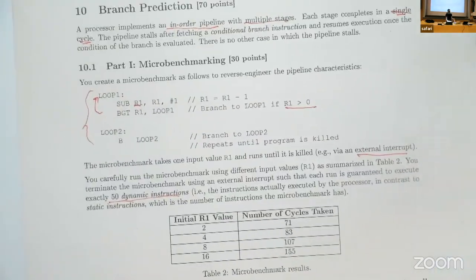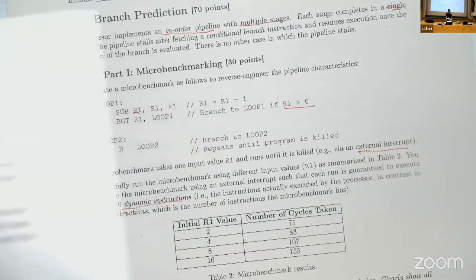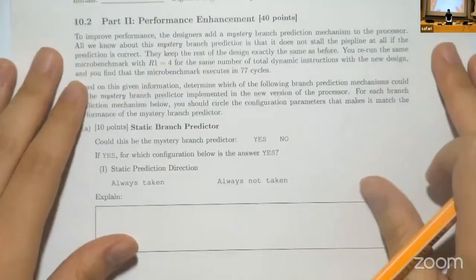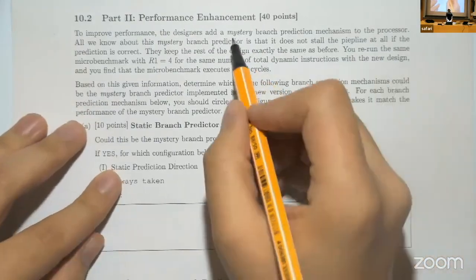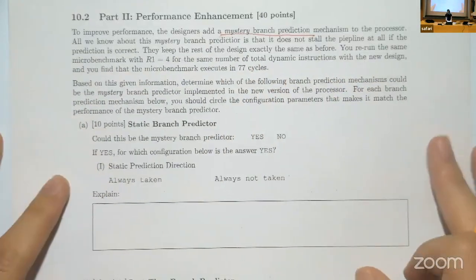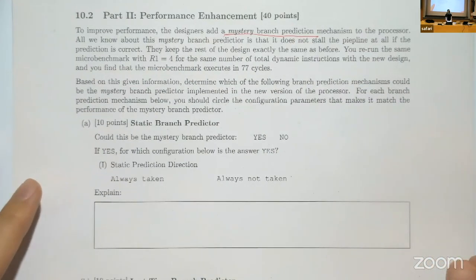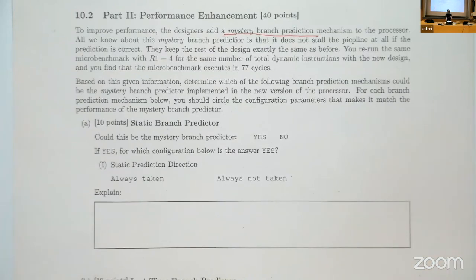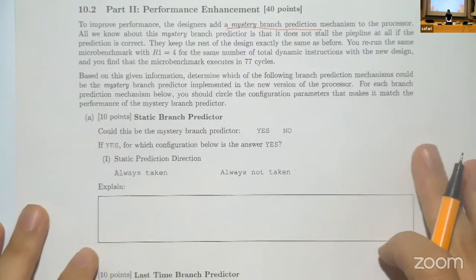So, right. The second part of the question. So in here we have a branch predictor that we don't know how it operates. So this means that for some of the branch instructions, we would get no stalls. For some, if we have mispredictions, we would still see stalls.